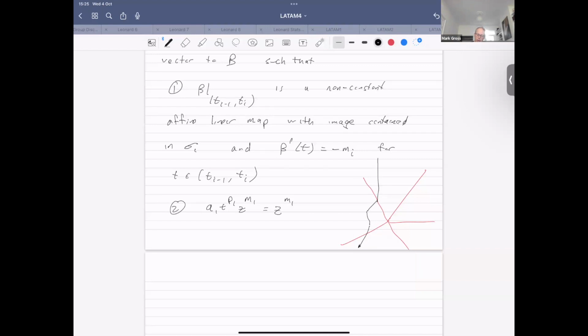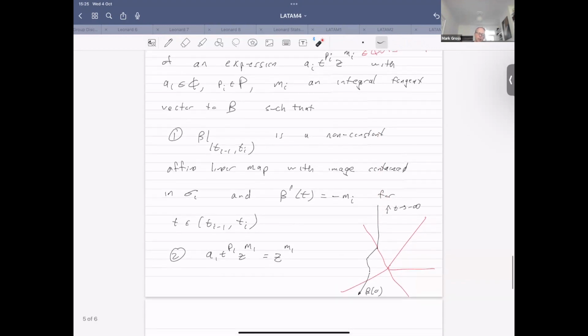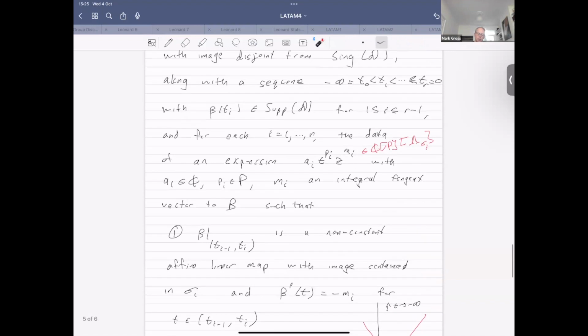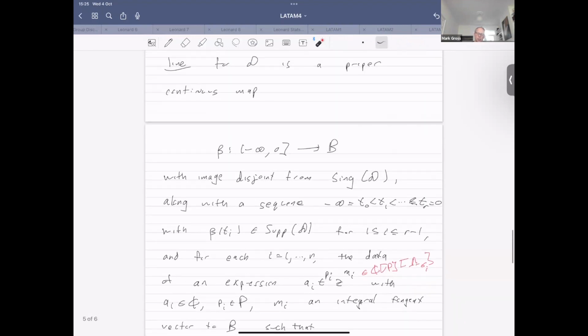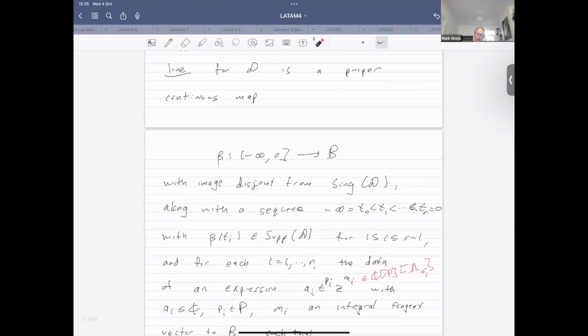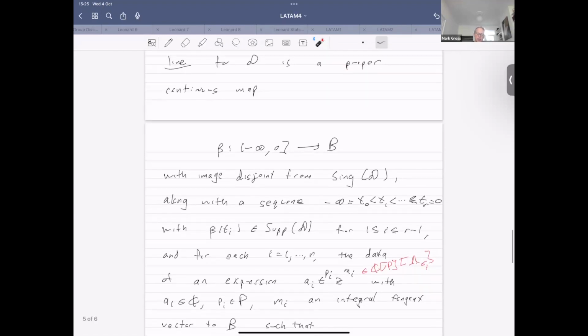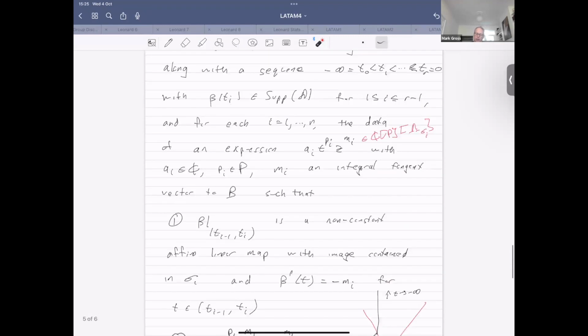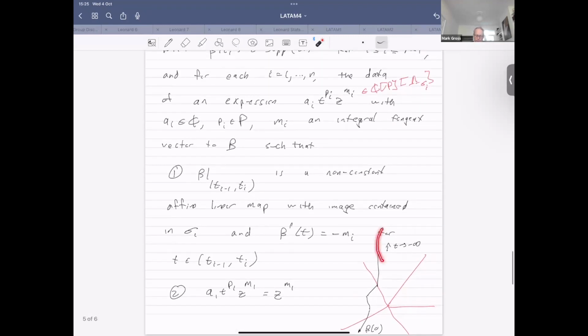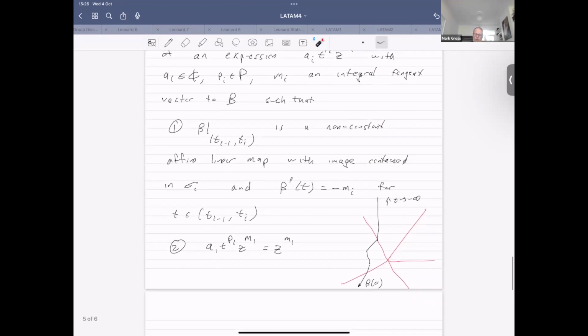This will be β(0), and t goes to minus infinity out in this direction, so we're coming in from infinity. By the way, I use this word proper continuous map here. Proper just means that the inverse image of a compact set is compact, so it means that this has to go off in some unbounded direction as t goes to minus infinity.